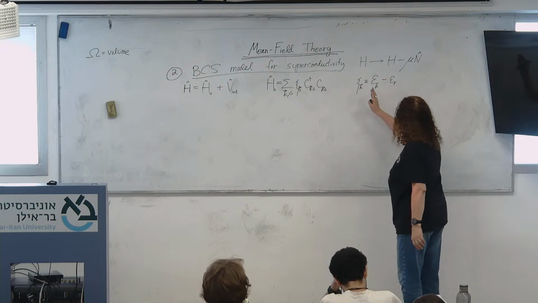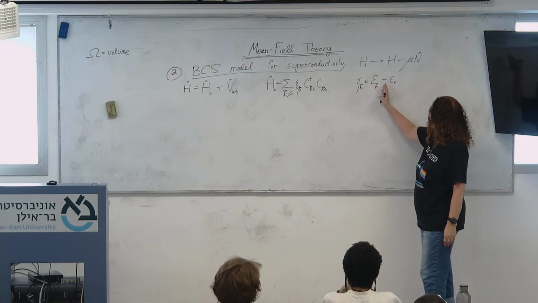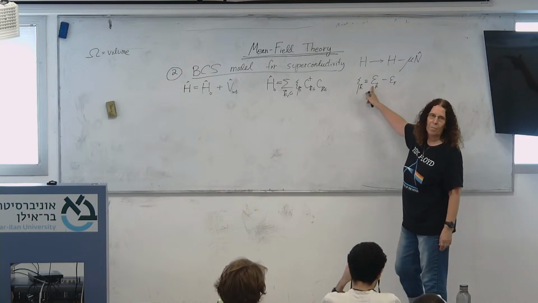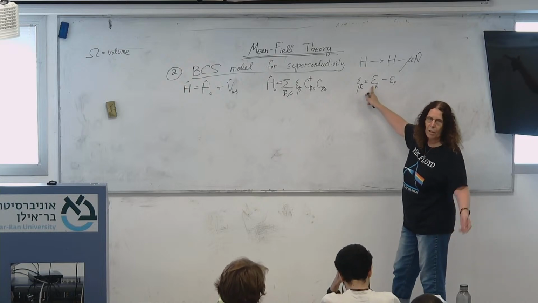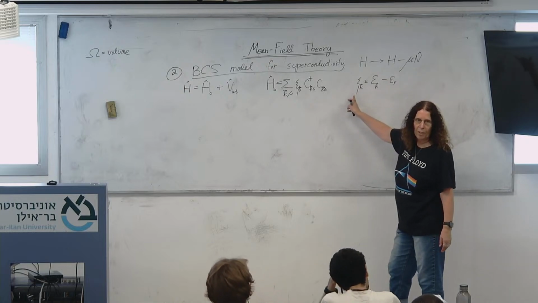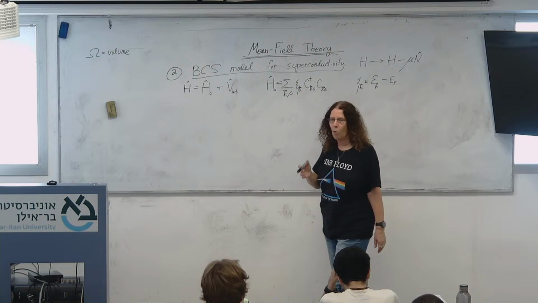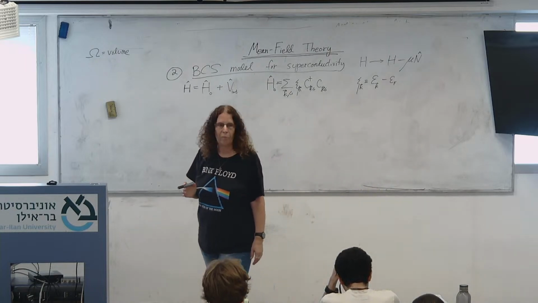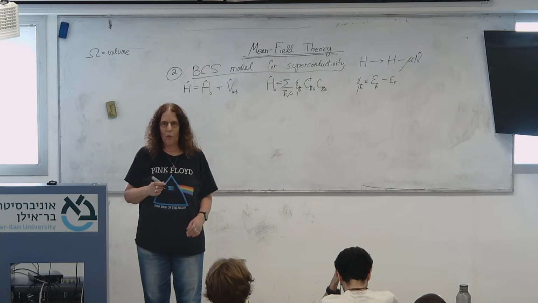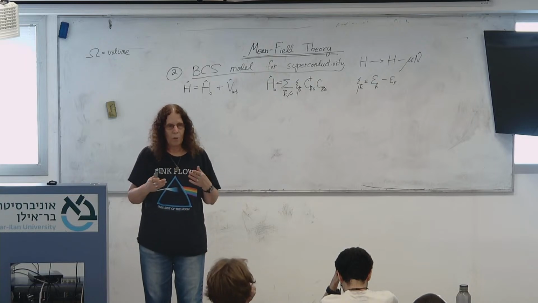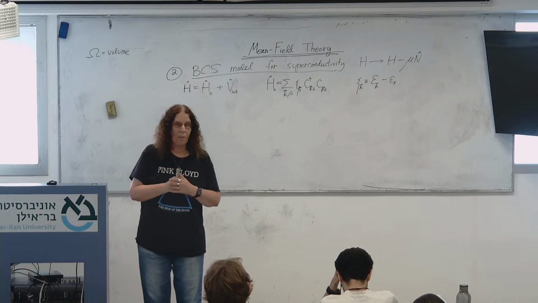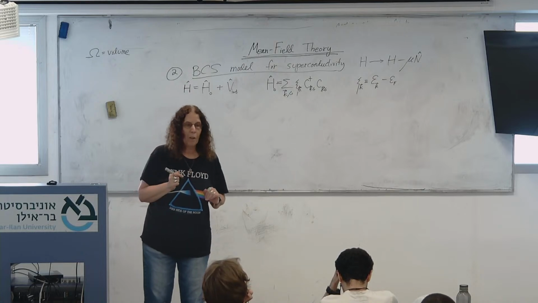Now, notice that because of this, although the epsilon k's may always be positive, they're just kinetic energy, psi can be negative or positive depending on whether you are above or below the Fermi energy. Okay? So that is already a notation that allows you to treat electrons and holes equally in some sense.